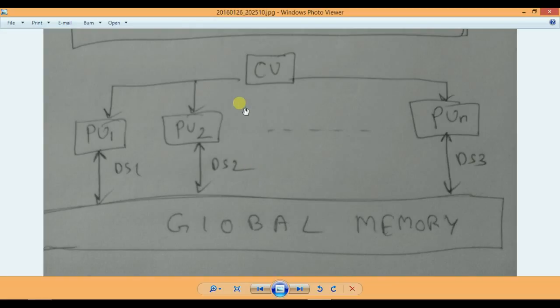Now, how do the processors get the data from the global memory? Well, it's very simple. The global memory is divided into data sets. Suppose processor 1 gets data from dataset 1 and processor 2 gets data from dataset 2. Imagine there's a line like this which divides the global memory into different sets.